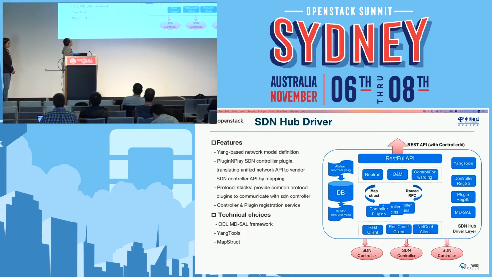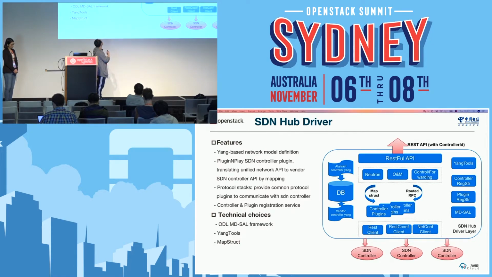Oh, that is another main part, SDN Hub driver. SDN Hub driver is a component. If that is the whole system, just like typical SDN applications, from the top, we can see the SDN Hub orchestrator as an SDN application, and the Neutron part is the top layer SDN controller.